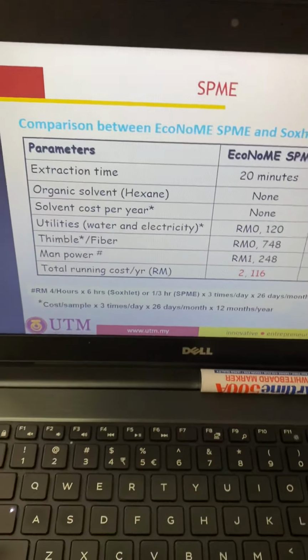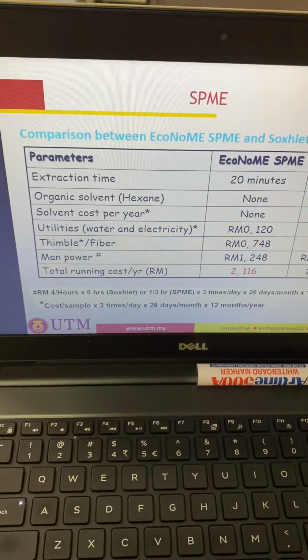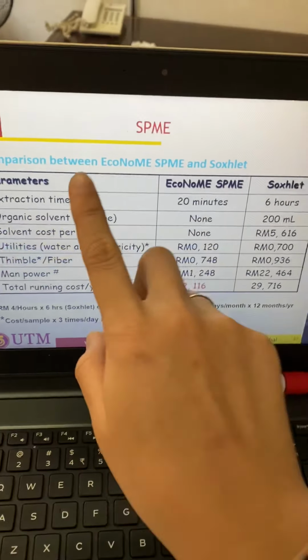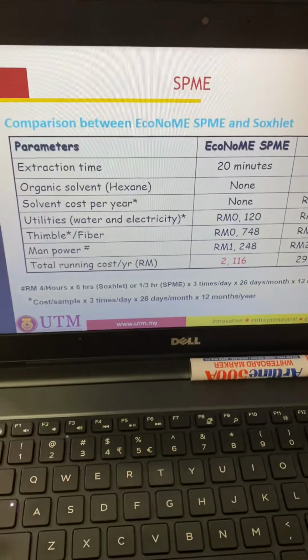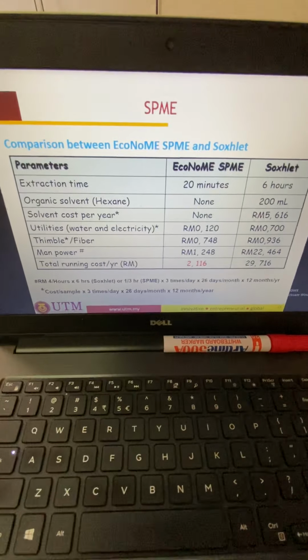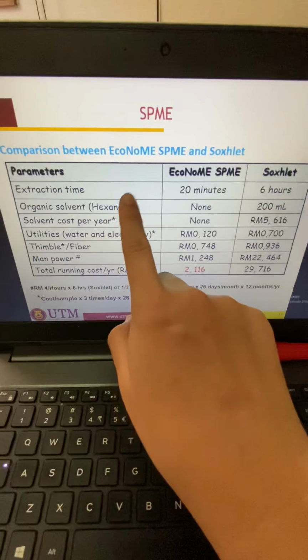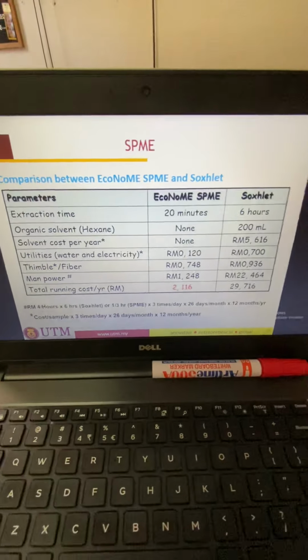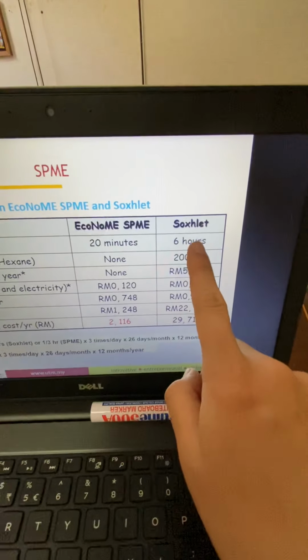So the next one, a comparison between Econom SPME and solvent extraction. This Econom SPME is actually coming from research material. It was developed in our lab a few years ago, and we compare it with the solvent extraction.